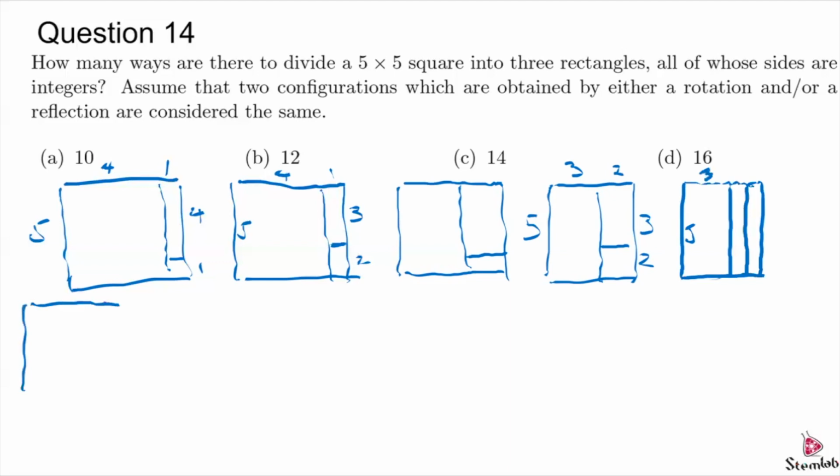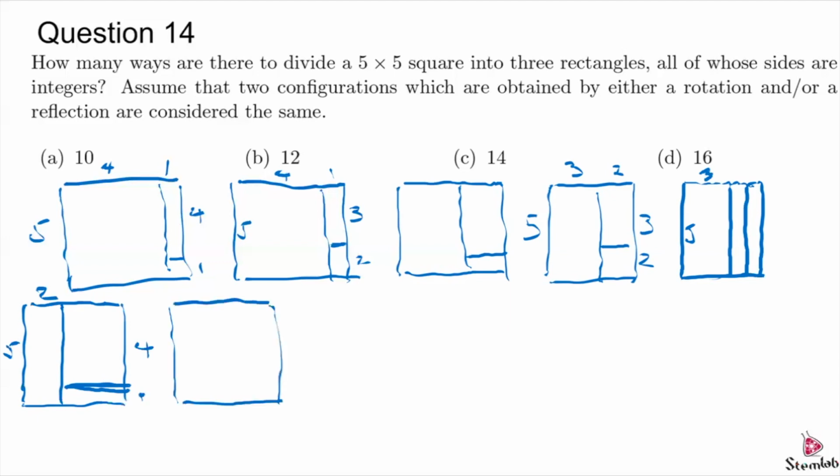So 2 by 5s. Again, we follow the same pattern first. We do the ones with a horizontal line. So this is 2 by 5 and then 1 and 4. And the next one, 2 by 5, so this again, 2 and 2. The rest are obvious, hopefully.